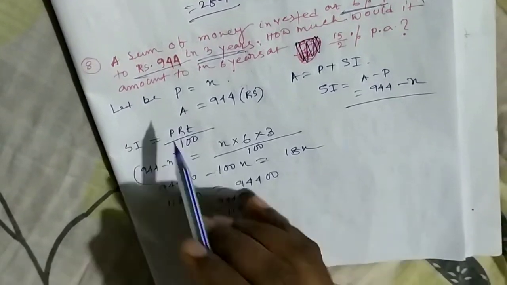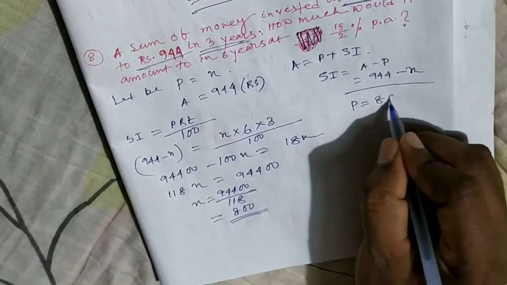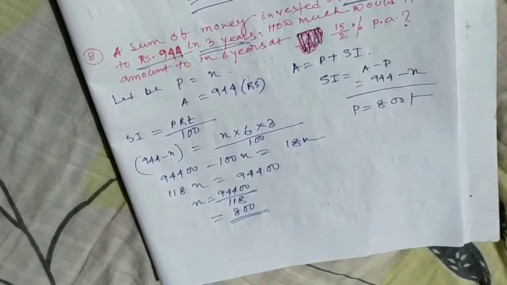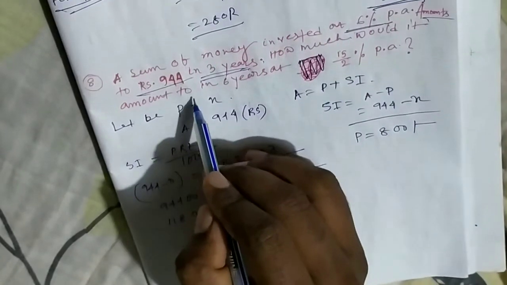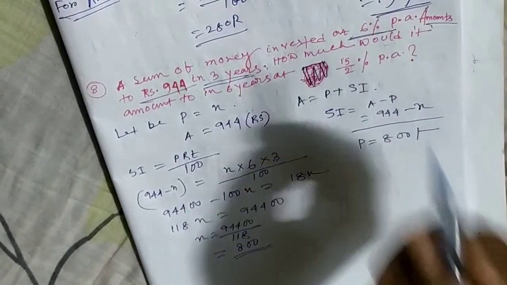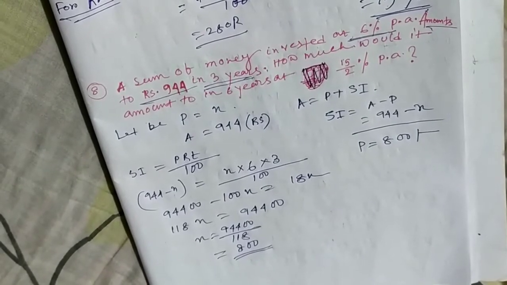We got the principal equal to rupees 800. Next, how much would it amount to in 6 years at rate of interest 15/2% per annum?